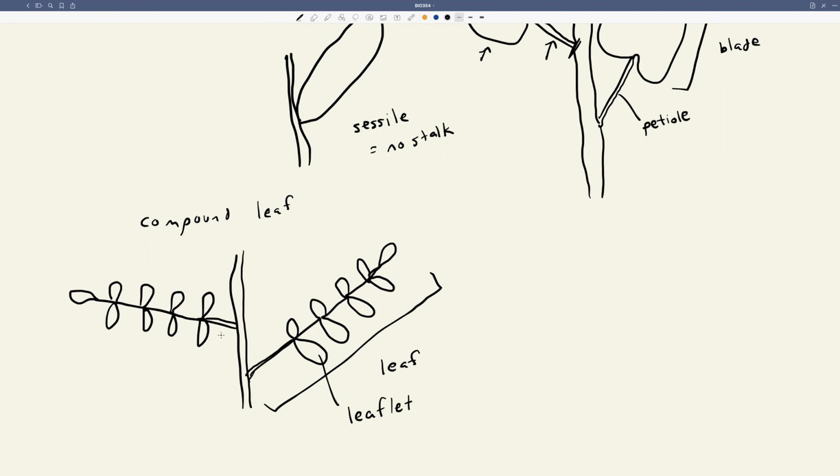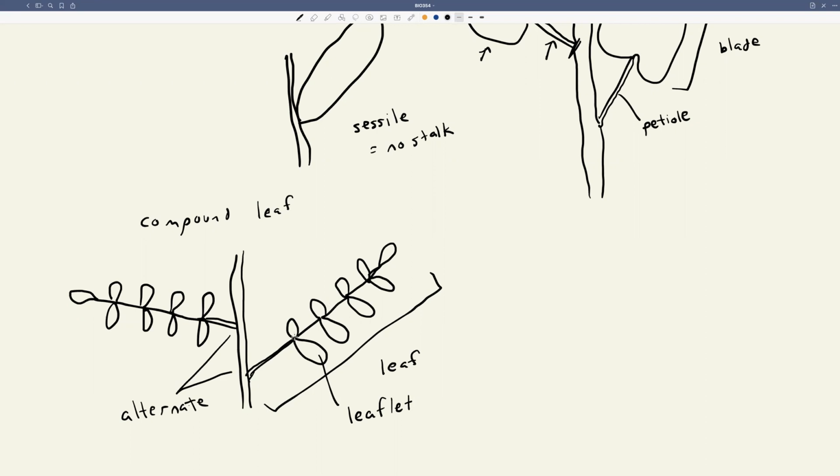And you can have some terms that refer to how the leaves are compound. So in this example, this is a useful point of consideration that this plant has alternate phyllotaxis because of how we need to define the leaves. So the leaves are compound, and as they originate, they're one at a time. If you look at the leaflets on the compound leaf, those leaflets are across from each other.